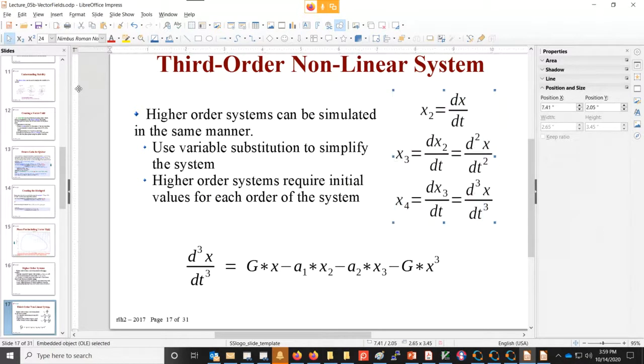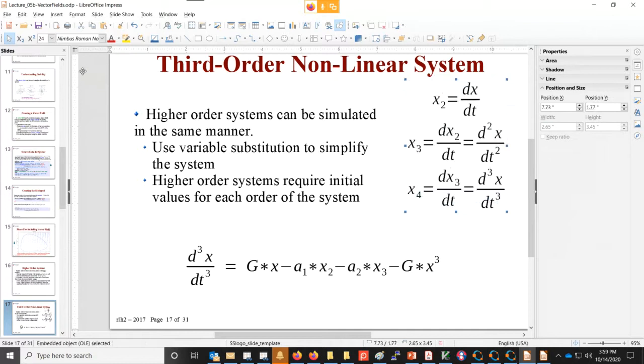This is a third order system here. I define a variable x4, which is the third derivative, x3, which is the second derivative, and x2, which is the first derivative.